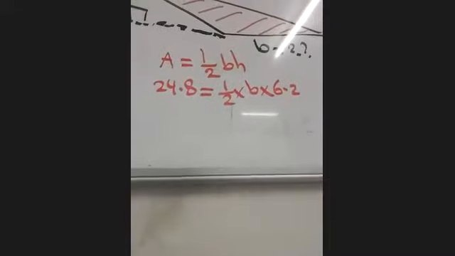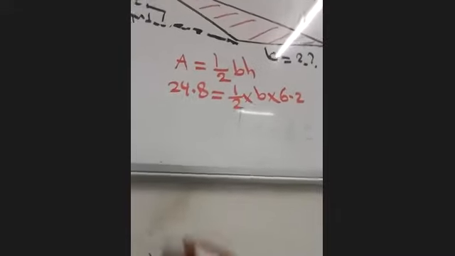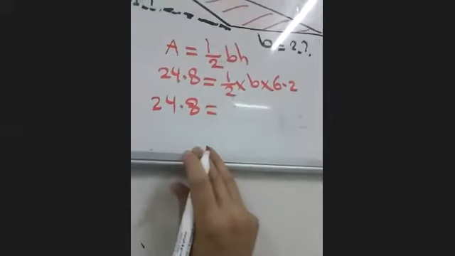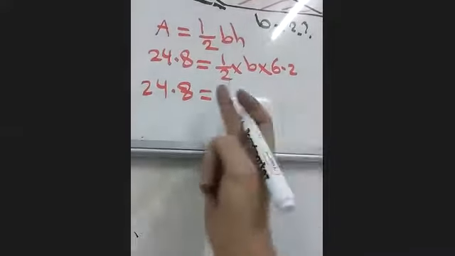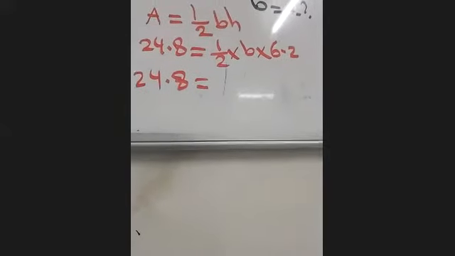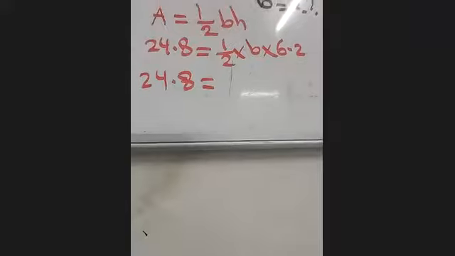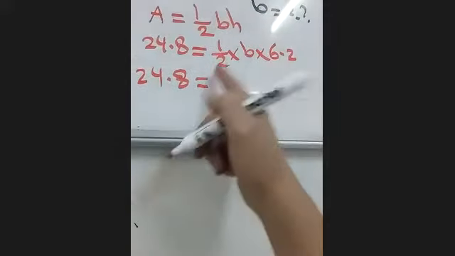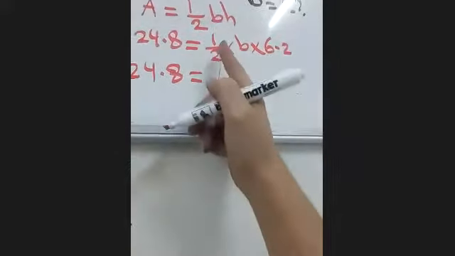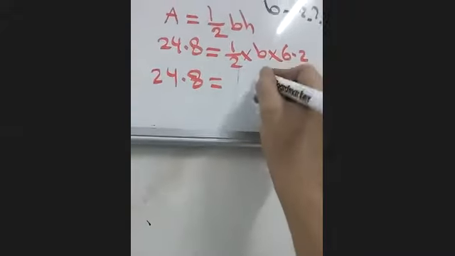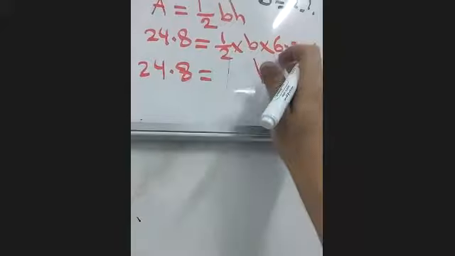We need to simplify this sentence. The 24.8 comes down, equals. Here we multiply 6.2 multiplied by half. We multiply the numbers with each other, half multiplied by 6.2, and the B comes down.